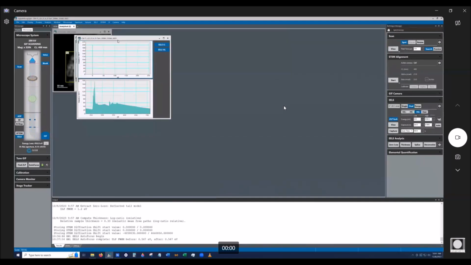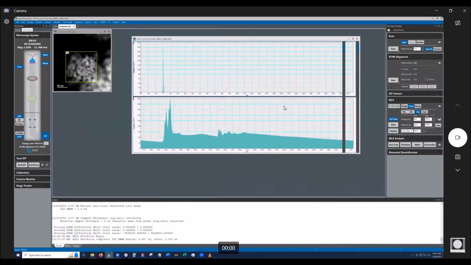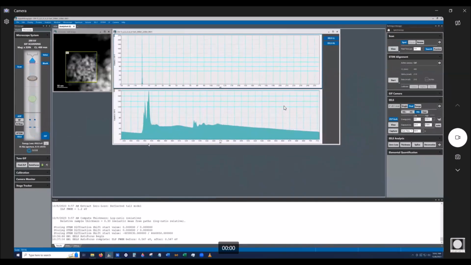Okay, so here is the spectrum that I just collected. Okay, so if we now compare, so this is the, push 5 there to recenter it. Okay, so now what I can do then is deconvolute this.